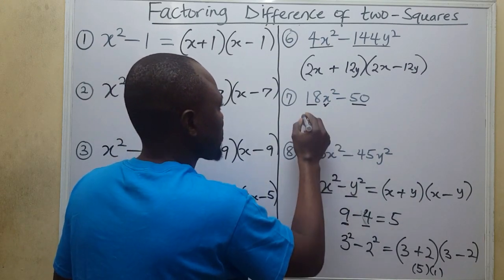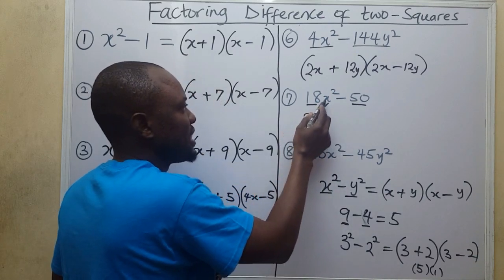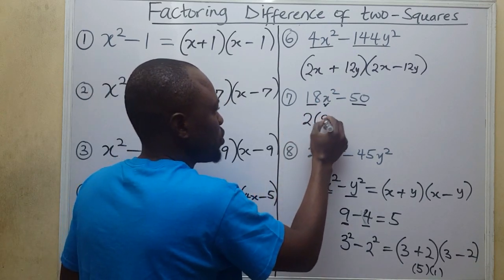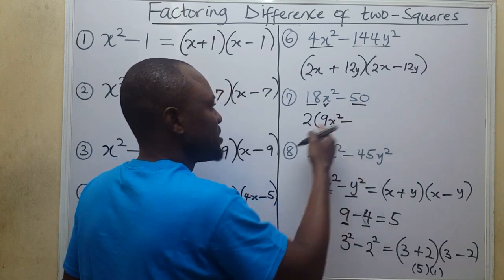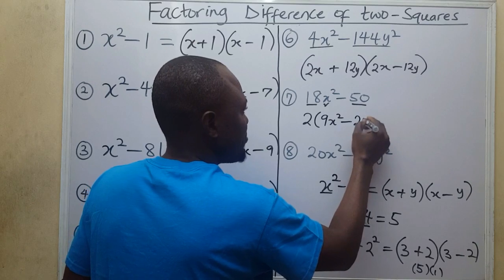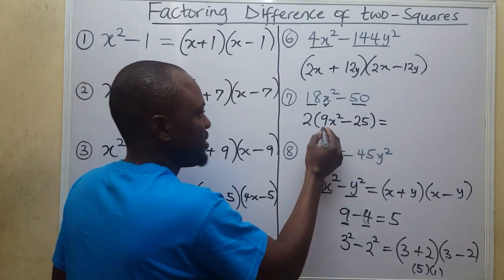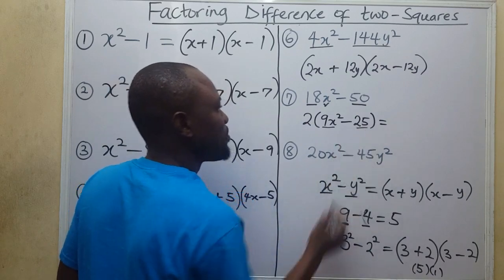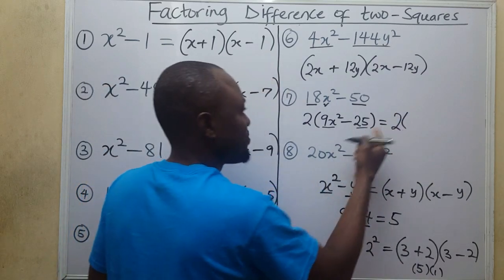The highest common factor is 2. Now I will say 18x squared divided by 2 will give me 9x squared, minus 50 divided by 2 will give me 25. Now if you look at this critically, this is now a perfect square and that is a perfect square. So there's a difference of two squares.